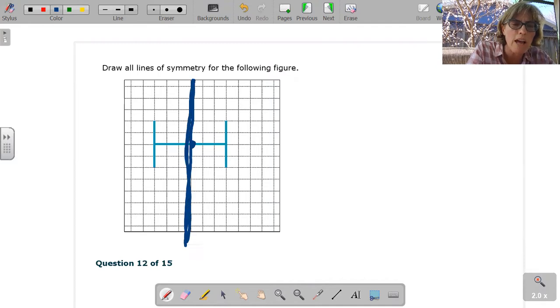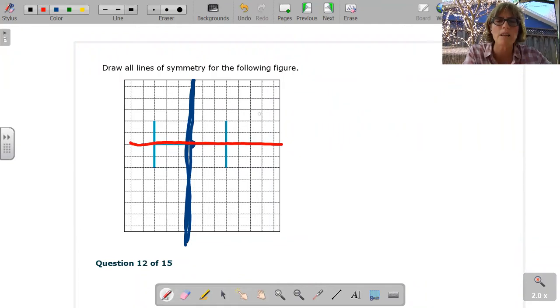If I fold along that line, left to right, it's the exact same image. Here, if I fold along the red line, it's also the exact same image. So in this image, there's only 2 lines of symmetry. If I fold this way, you don't get the exact same image.